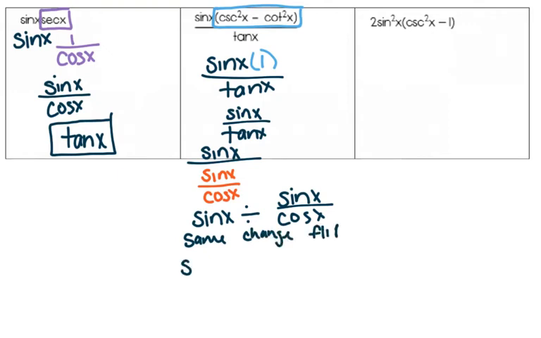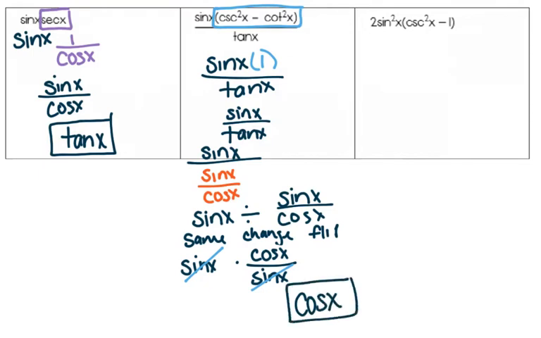So I'm going to keep the first one the same, change this to multiplication, and flip the second fraction. Oh, I didn't flip the second fraction. Hold on, now let me flip it. So what you have is a sine on top and a sine on the bottom. They can cancel out, so all you're left with is cosine x. That's the most simplified version you can get that to.